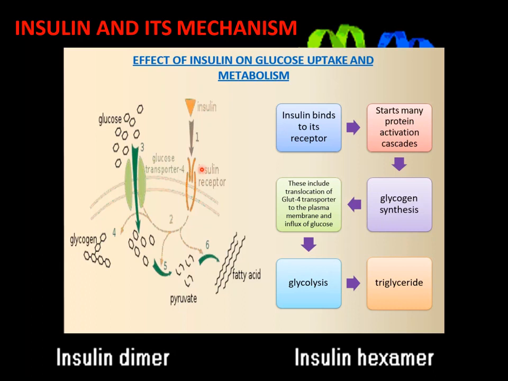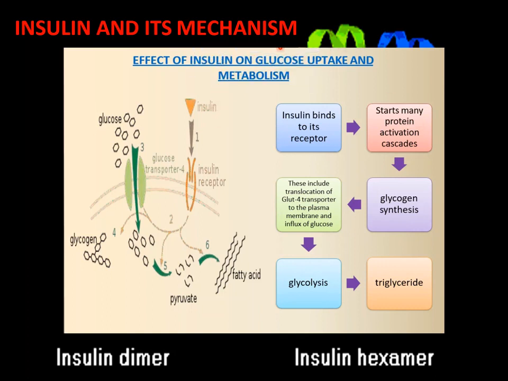Effect of insulin on glucose uptake and metabolism. First, insulin binds to its receptors in the cell membrane and starts a protein activation cascade, and eventually this cascade includes activation of glucose transporters to the plasma membrane and influx of glucose into the cell. Eventually it leads to glycogen and triglyceride synthesis.